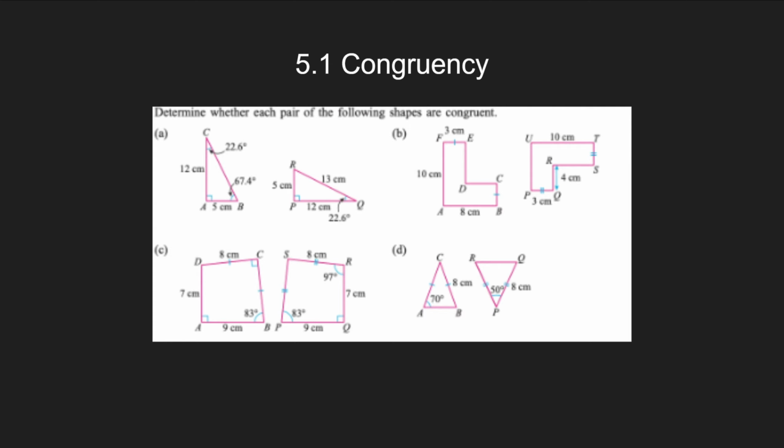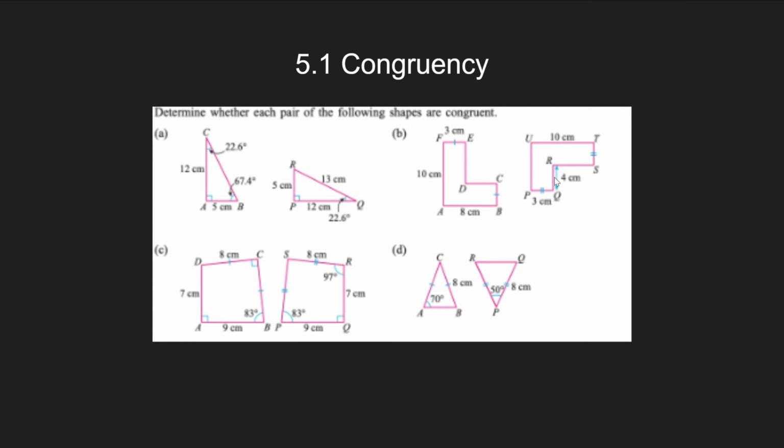For question B, the first part is you need to find the length of DC, which is AB minus FE, 8 centimeters minus 3 centimeters, is equal to 5 centimeters. So 5 centimeters is not equal to the length of RQ.